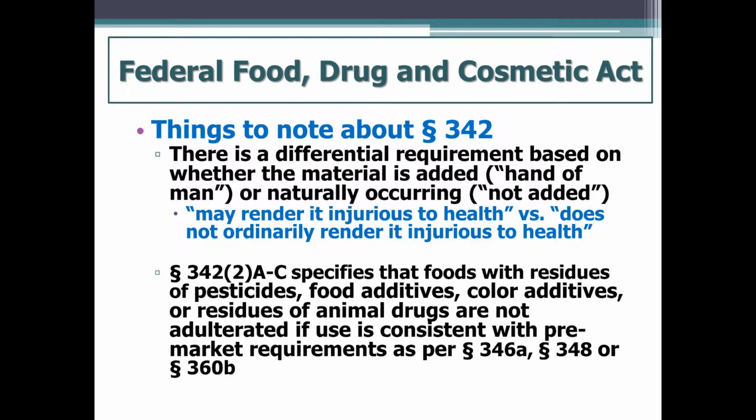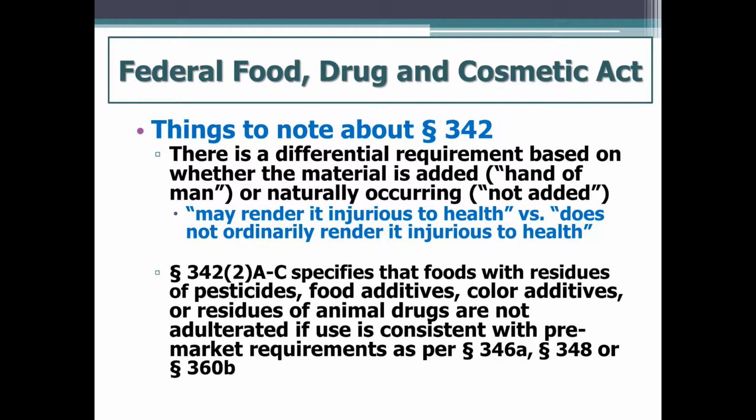One is that there's a differential requirement based on whether you're dealing with a material that has been added or if you're dealing with a material that's naturally occurring. And it's a very large difference between these two, where the requirement for something that is added, something that involves the hand of man, and that's the term that's used in regulatory circles, is that it may render it injurious to health.